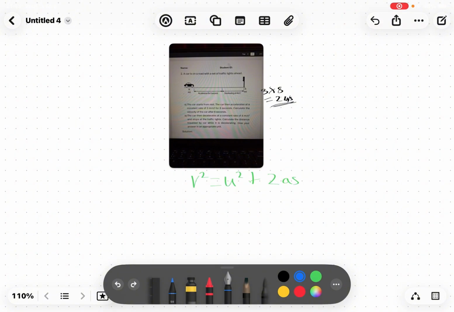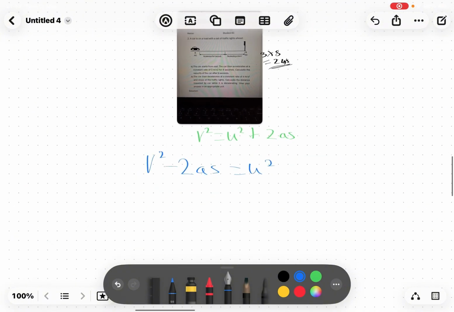So we get v squared take away 2as equals initial velocity squared. Then we get v squared here plus v squared.